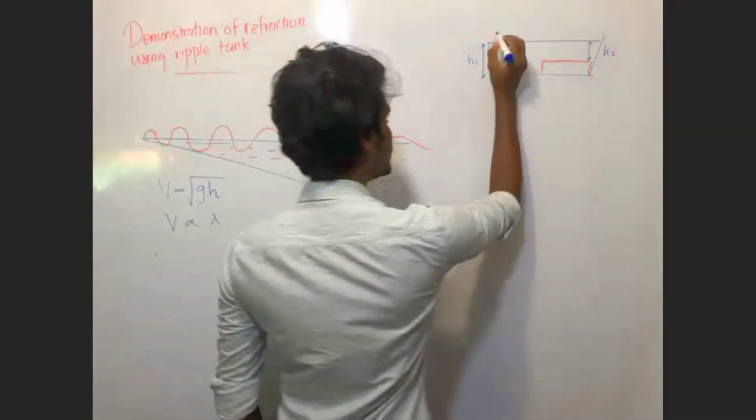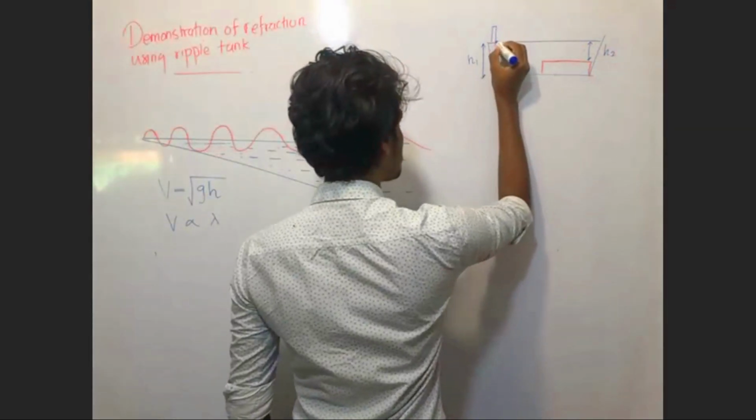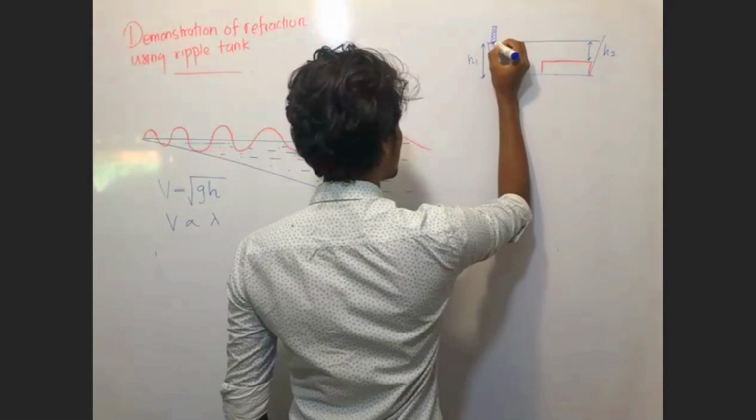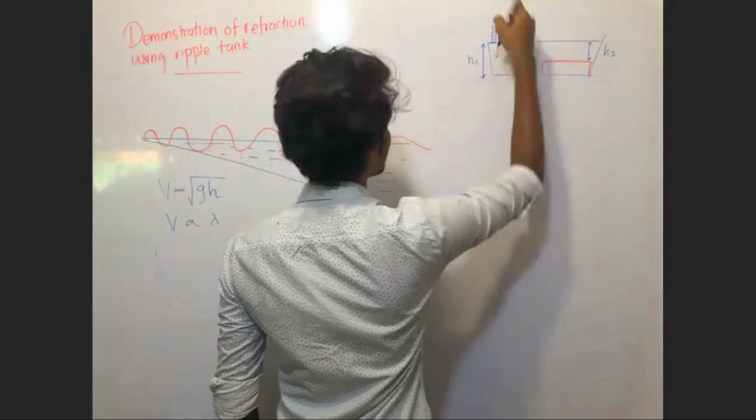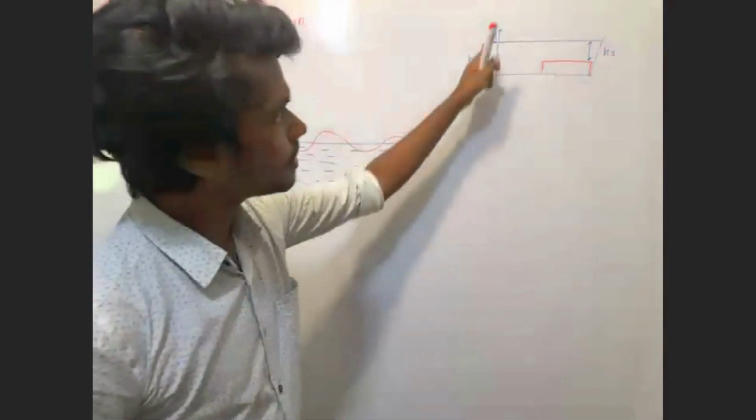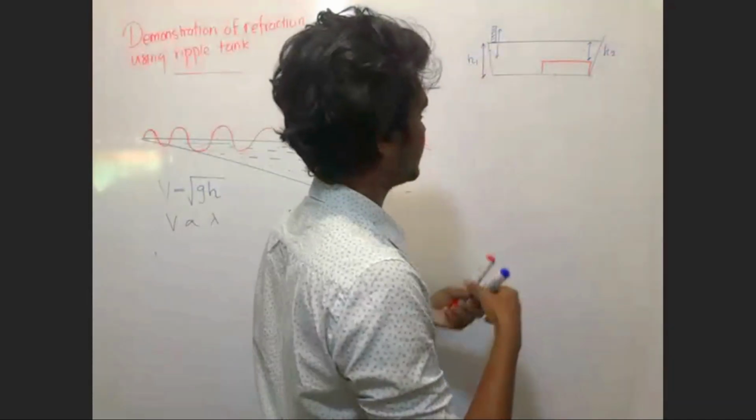So now, if we oscillate in this region, a water wave will start to propagate.